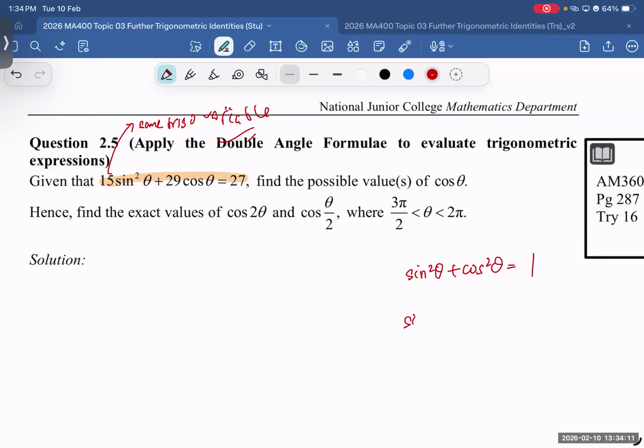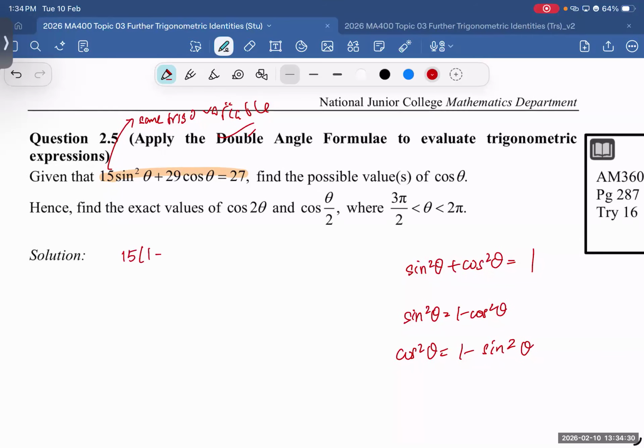The teacher tests you this. What we teach and what we test: we teach from left to right, we test from right to left. Clear? Now take this, substitute. Can I say that sine square is 1 minus cosine square? Why do I do that? I want a single trigo variable. Clear?